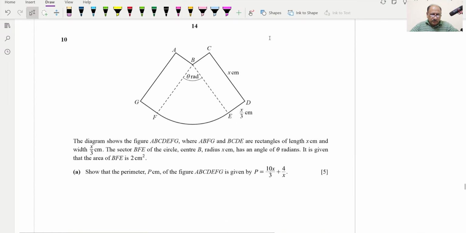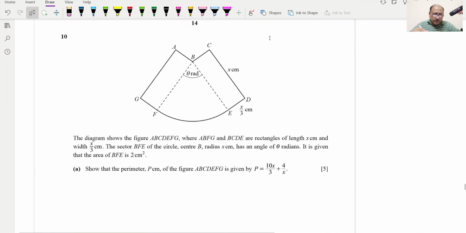Now question number 10. Question 10 says the diagram shows the figure ABCDEFG, where ABFG and BCDE are rectangles.